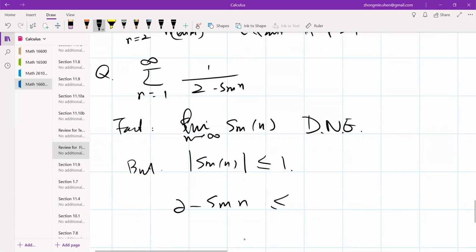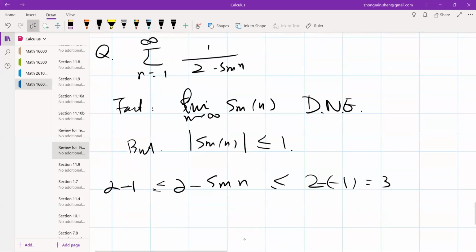When sine n is negative 1, so it's minus negative, so 3 is the largest possible value. The smallest possible value is going to be 2 minus 1. Okay, so this is an inequality. If we put it in the denominator, this is always between 1/3 and positive 1.